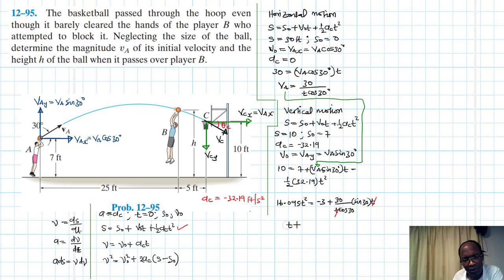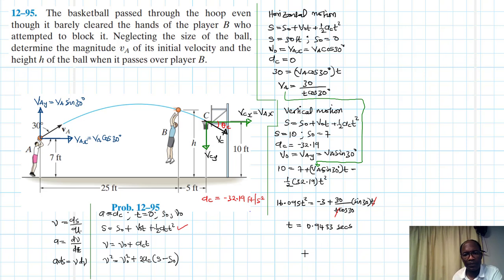Therefore, T is just going to be equal to plus or minus the square root of (minus 3 plus 30) by 0.5, which is 15 divided by cos 30, then divided by 16.095, then square root. So we have the time, plus or minus 9.433 seconds.